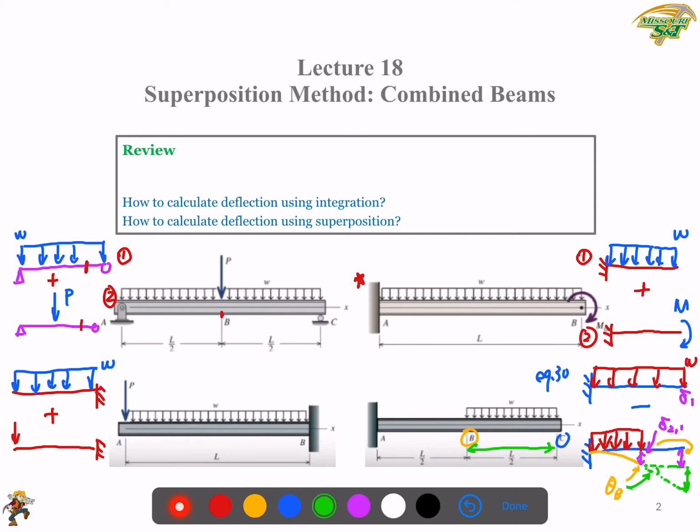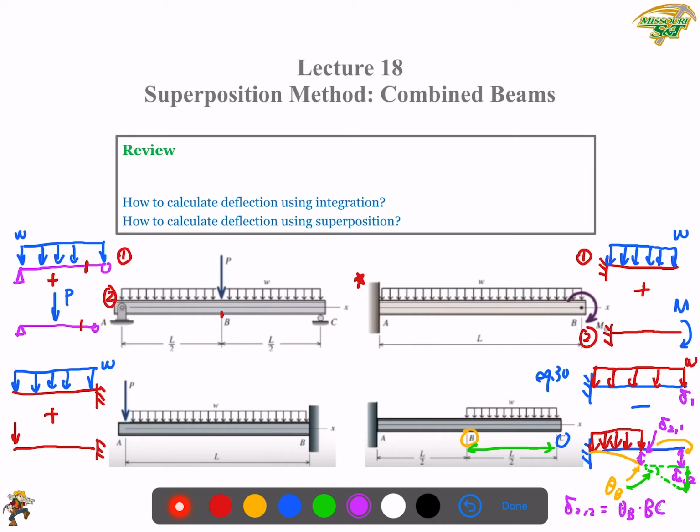It will keep straight, so it will only be rotated by an angle theta B. So just in this triangle, suppose this theta B is small enough. The second component of deflection here, delta 2, 2, will be calculated by theta B times BC.